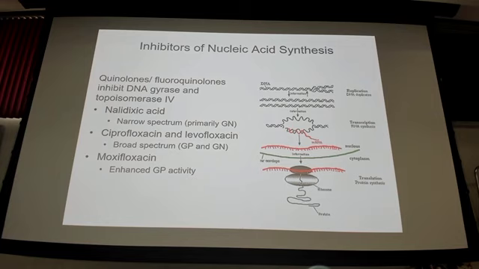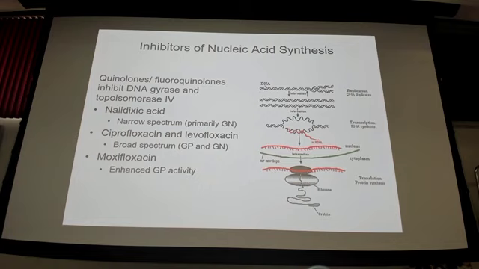Exactly. So he said that during replication, when you have a bacterial chromosome that's being replicated, double-strand nicks are introduced by DNA gyrase. If you don't have DNA gyrase that's functioning, you can have breakage of the DNA in that chromosome. So that can be bactericidal as well if you don't have these bacterial-specific enzymes working. Because we don't use these enzymes, this tends to be a pretty good approach.